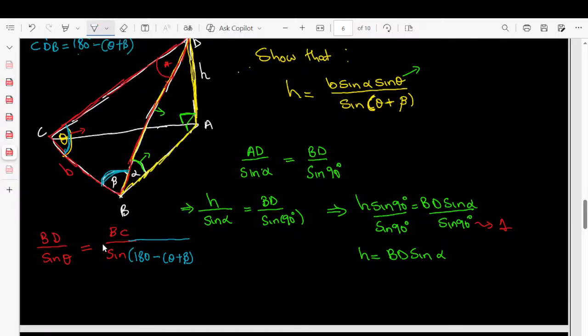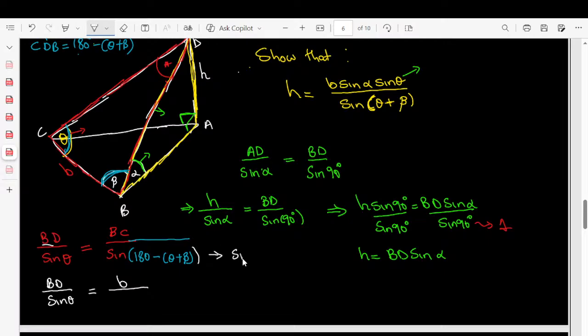So let's substitute. We are looking for BD, remember? So this part I'll just leave it at the sine. I'm just going to leave this as BD over the sine of theta. It's equal to BC, which is given as b, over, what do you get if you reduce this?